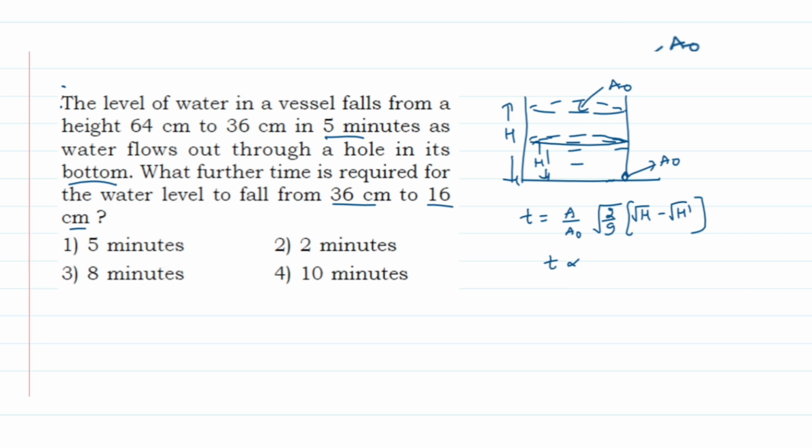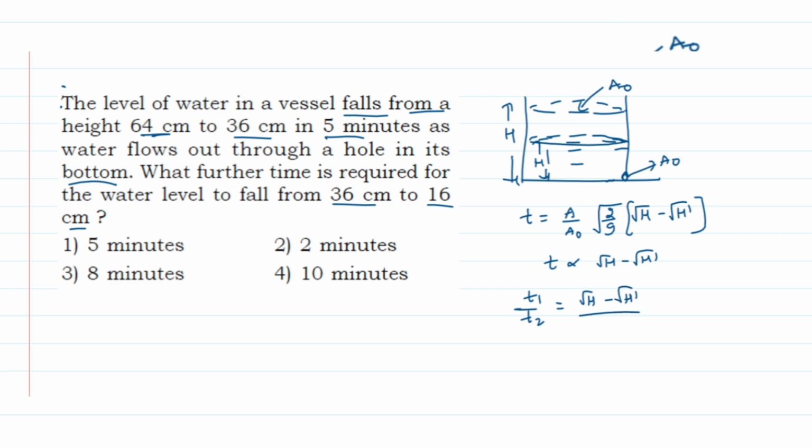So the level of the water in the vessel falls from a height of 64 centimeter to 36 centimeter. That means T is directly proportional to root h minus root h dash.